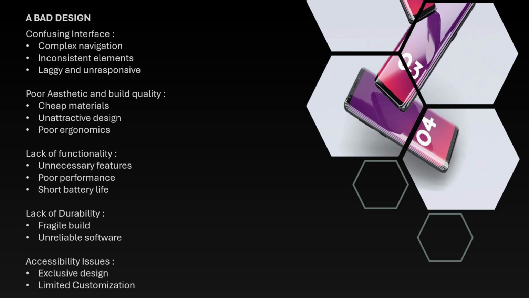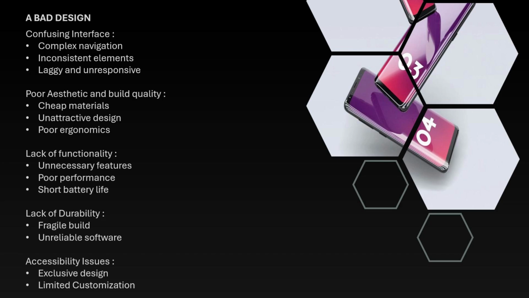So the next slide is bad design. First is confusing interface, which is complex navigation, inconsistent elements, and laggy and unresponsive. Next we have aesthetics and build quality, which is cheap materials, unattractive design, and poor ergonomics.